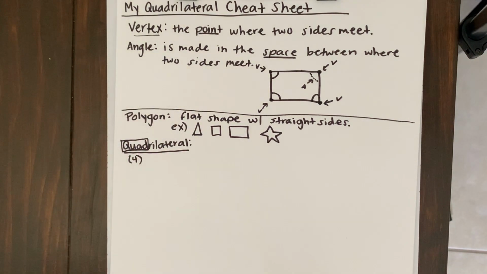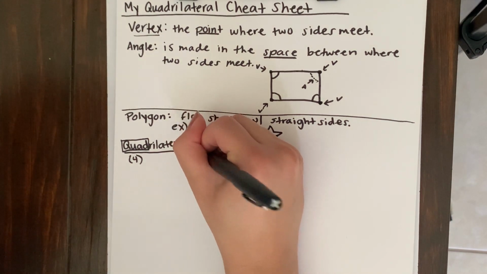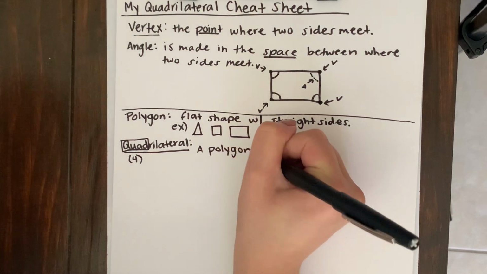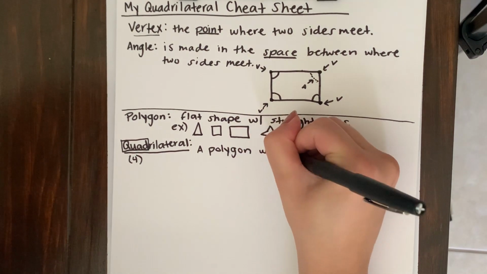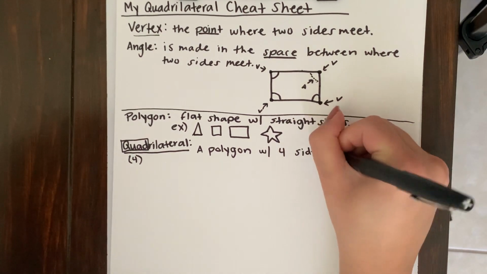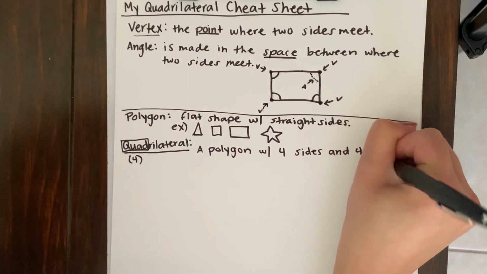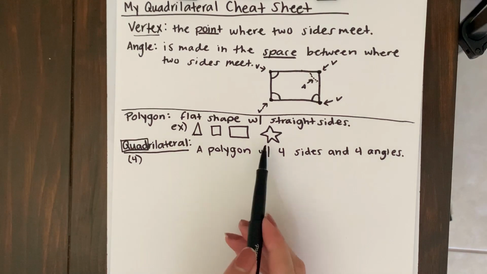So a quadrilateral is a polygon with 4 sides and 4 angles, okay?